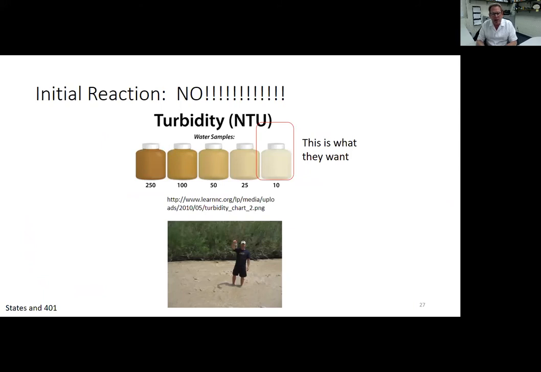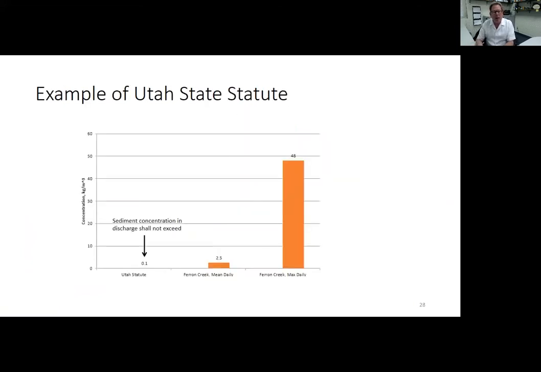But the sediment concentration of waters going into reservoirs can exceed that by a couple of orders of magnitude pretty easily. For example, here in the state of Utah, sediment concentration in the discharge shall not exceed 0.1 kilograms per meter cubed. I've done a little bit of units conversion there.